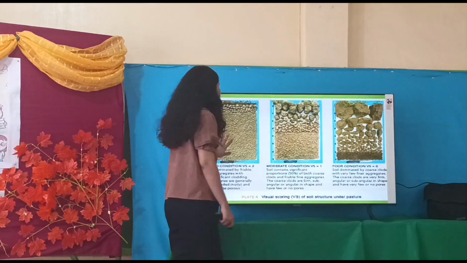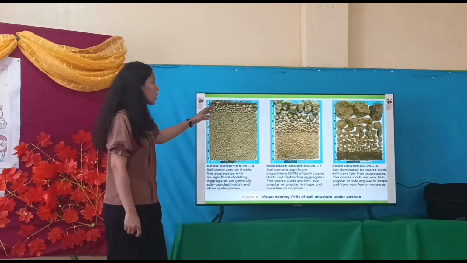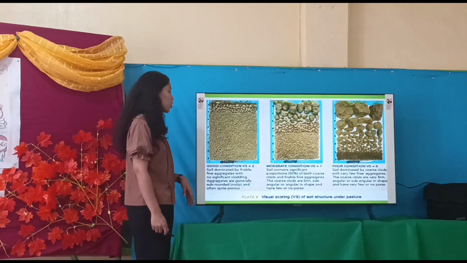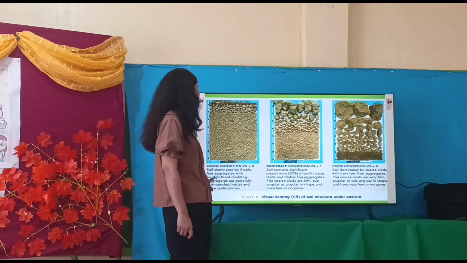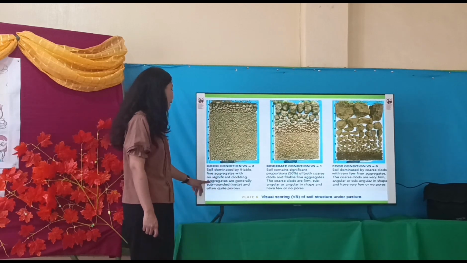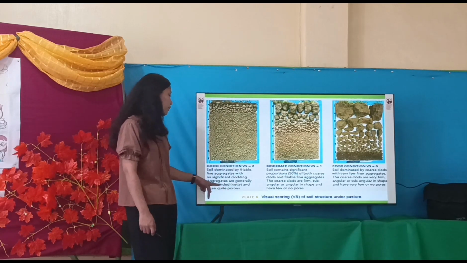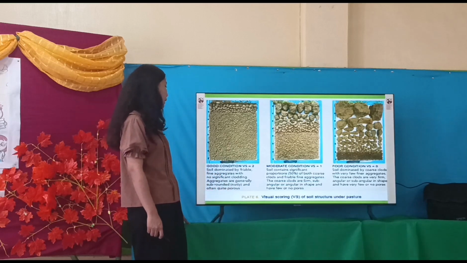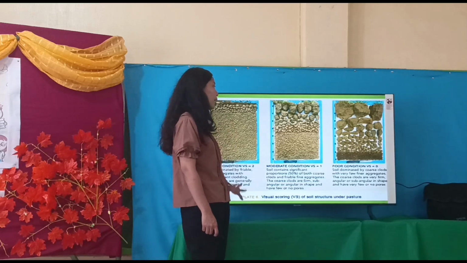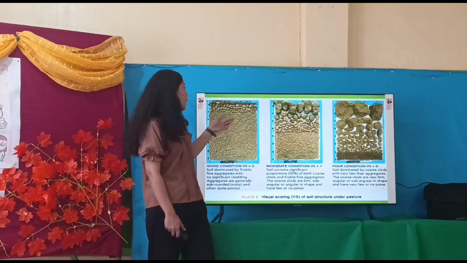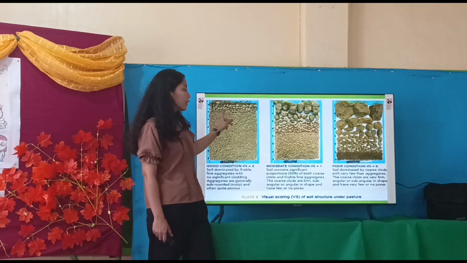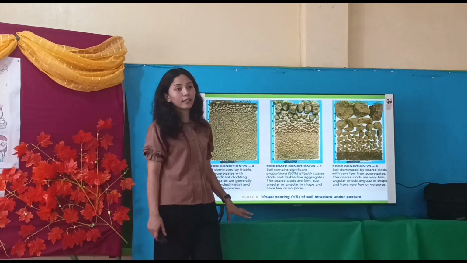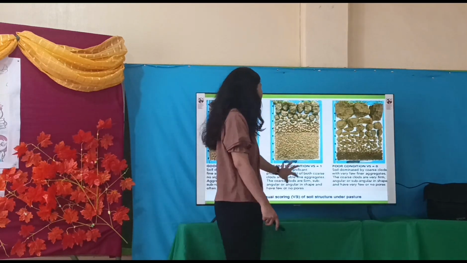Diba? Kita dito. And first, it is considered as a good condition kasi soil dominated by friable, fine aggregates with no significant clodding. Aggregates are generally subrounded, muddy, and often quite porous. Kita niyo naman, napakaganda. Mixed siya ng fine, blocky, and granular, right? Here naman is moderate condition.